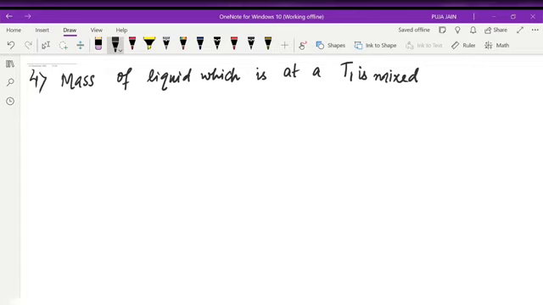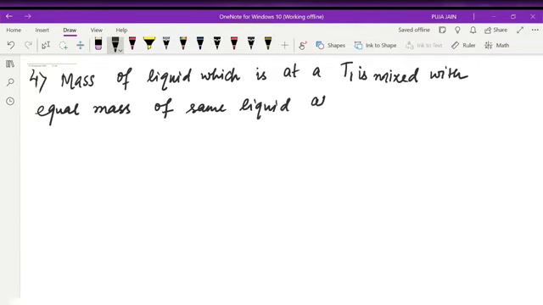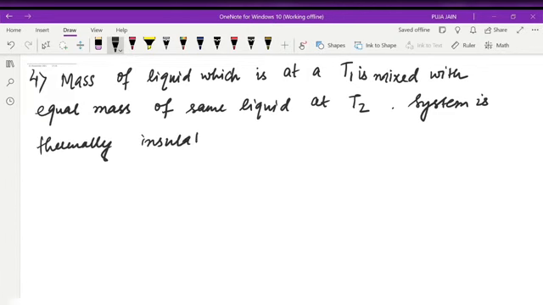A liquid at temperature T1 is mixed with an equal mass of the same liquid at temperature T2. The system is thermally insulated. We need to find the change in entropy.